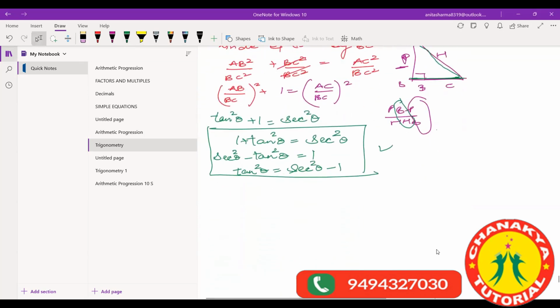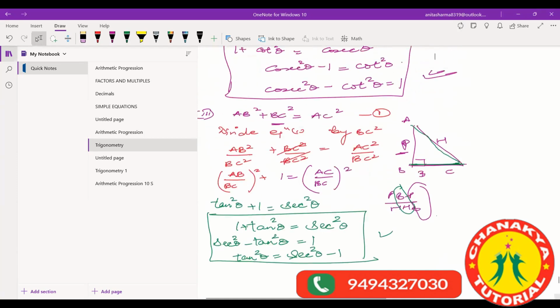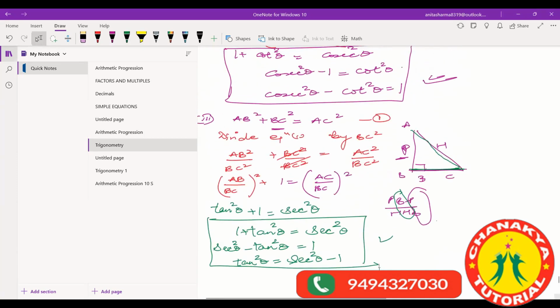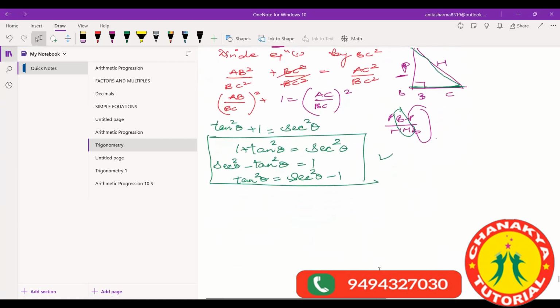Okay. Now, children, see, before starting the question, for solving this exercise 8.3, in each and every question, your first step will be that you have to convert your ratios into simplest form.